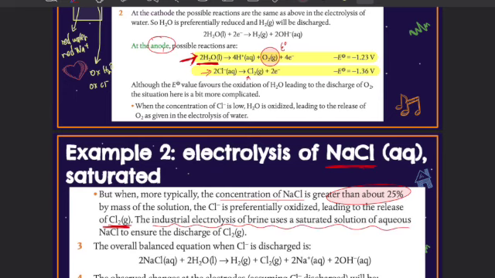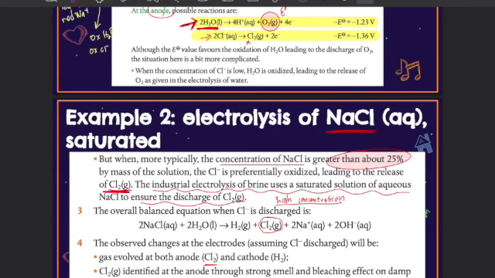Can be used industrially to get the discharge of chlorine. You have to use a high concentration to overcome what should happen in terms of electrode potentials. And so when you have a high concentration, you end up with chlorine gas getting released at the anode instead of the oxygen gas.